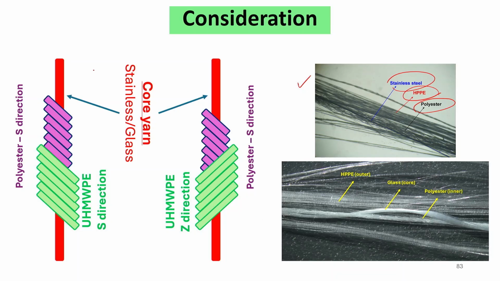This is for stainless steel, and for glass you can see the glass core filaments, and the polyester in filament form was used, and HPP, ultra high molecular weight polyethylene, is used in the outer layer. So, the microscopic picture clearly shows the structural integrity.